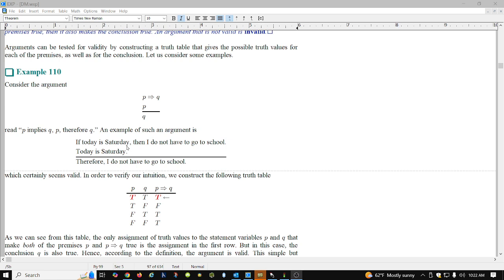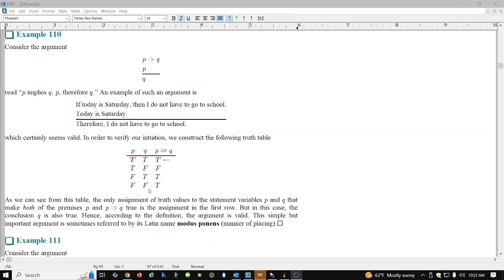But just as a warm-up, and to verify our intuition, we would construct this truth table: P, Q, and P implies Q. So all three components here are listed in the table. Then we examine the rows of the table to find those rows in which both premises, both hypotheses, are true.